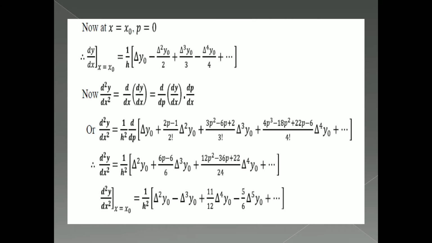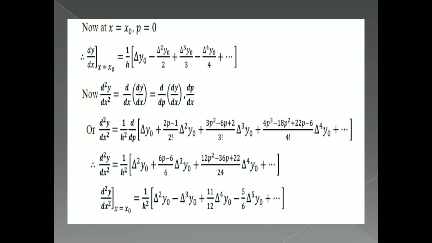Now at x is equal to x0, when we have to calculate the derivative of y at a particular value of x, consider that value is x equal to x0 and p is equal to 0. The derivative of y with respect to x at x equal to x0 becomes 1 upon h [delta y0 minus delta square y0 upon 2 plus delta cube of y0 upon 3 minus delta raised to 4 y0 upon 4, plus and so on].